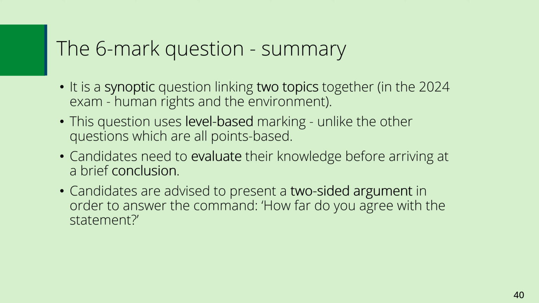Ideally, they will evaluate some of the ideas before arriving at a brief conclusion. They are advised always to present a 2-sided argument in order to answer the command, "How far do you agree?" The best advice would be that their final sentence or 2 would begin by saying, "In conclusion, I disagree," or "In conclusion, I agree with the statement because," and then to state their key argument.